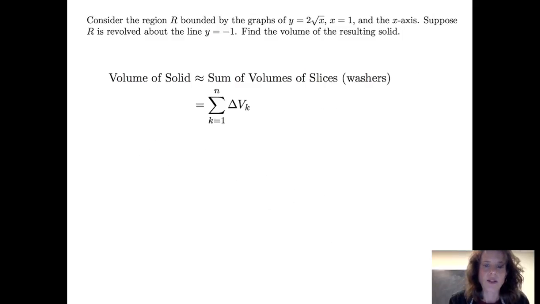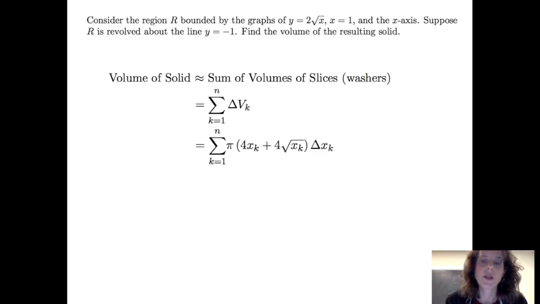I now want to sum the volumes of the slices to approximate the volume of the solid. So I'm going to sum delta V sub k, k going from 1 to n. I've got the Riemann sum, k going from 1 to n, of pi times 4 times x sub k plus 4 times the square root of x sub k, times delta x sub k.